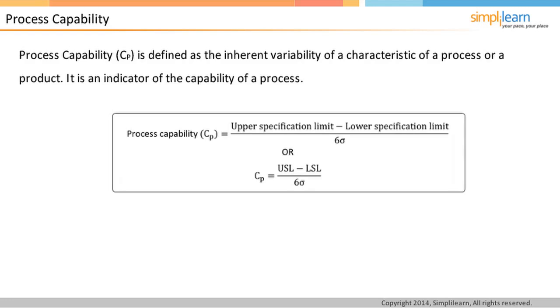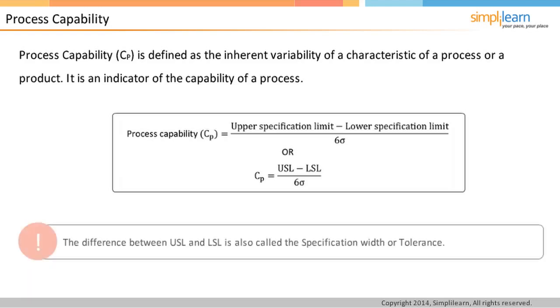USL stands for upper specification limit. LSL is lower specification limit, and sigma is the standard deviation of a process. The difference between USL and LSL is also called the specification width or tolerance. In the following screen, we will discuss Process Capability Indices.